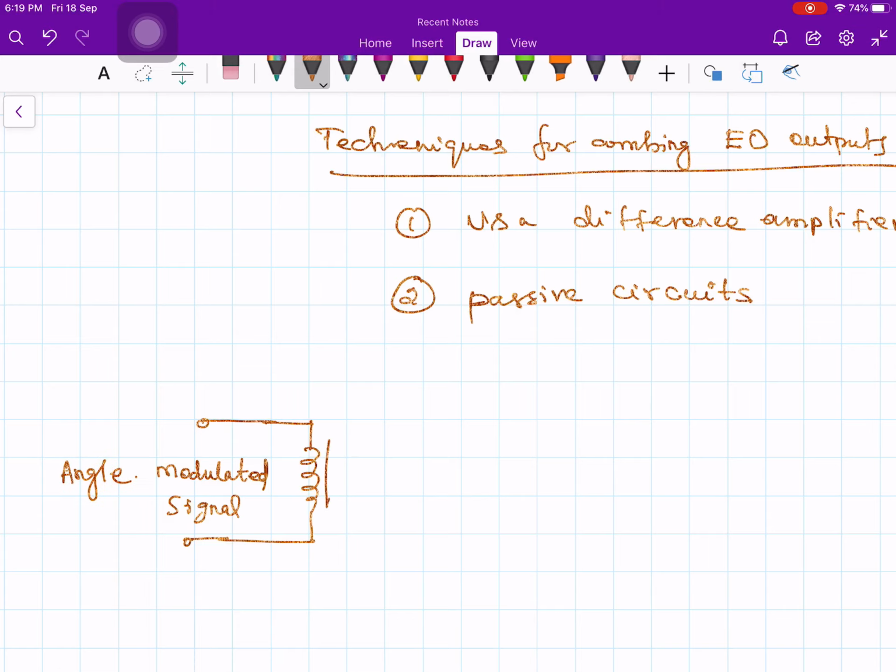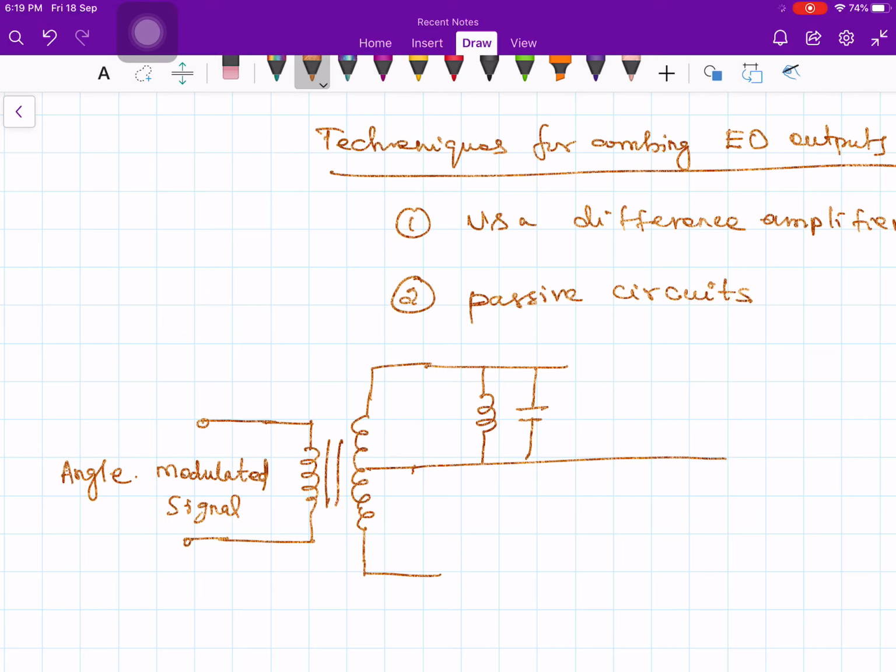And then you take a center point. In between you have two more inductors, L and C, and here also two more inductors and capacitors, and finally this is my envelope detector, a diode followed by a resistor and capacitor.